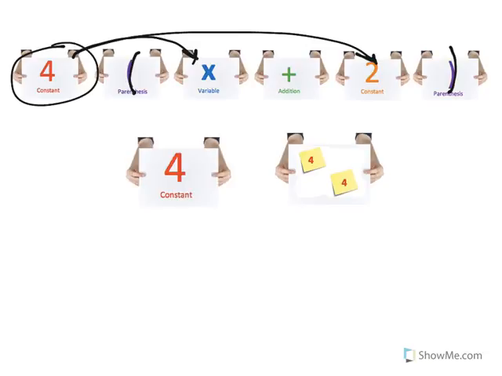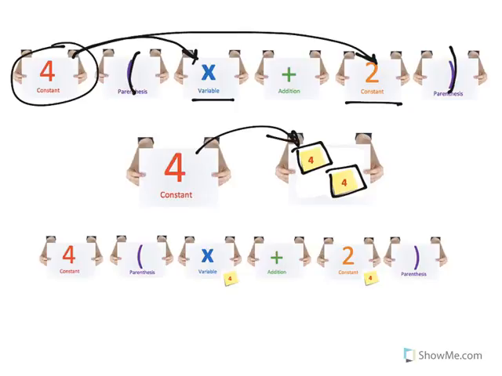On the back of Haiti's paper, she had 2 Post-its, and she gave each one of those Post-its to each one of the variable and constants inside of the parentheses. And our classmates soon looked like this, where the X had a 4 and the 2 had a 4.